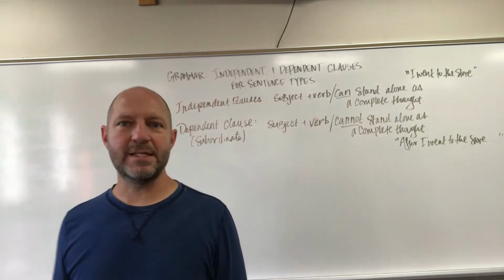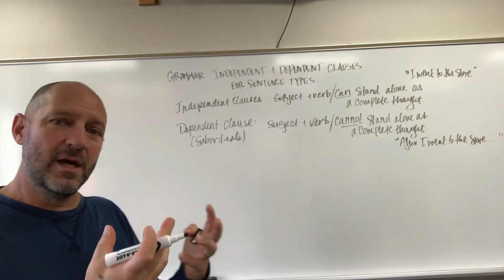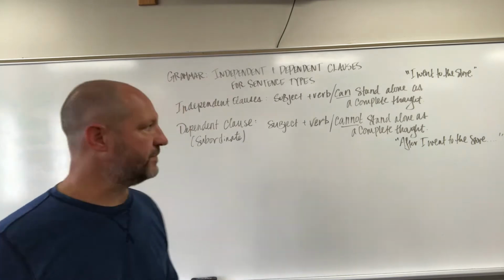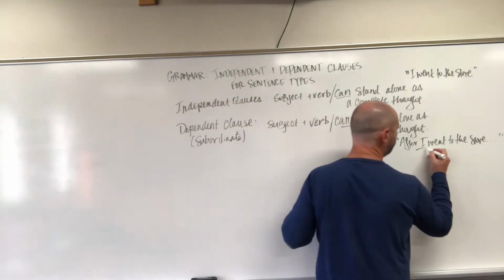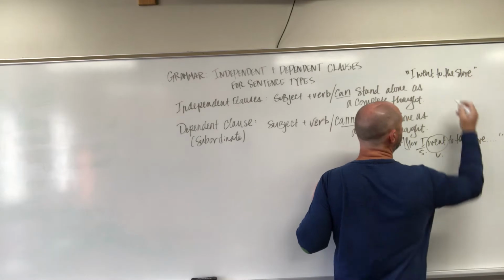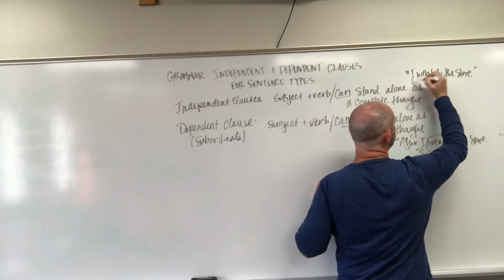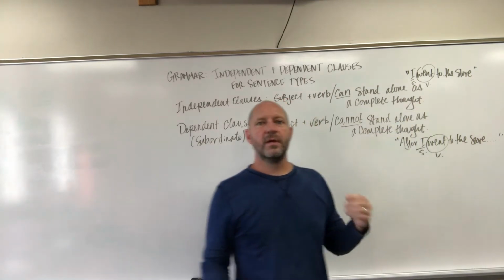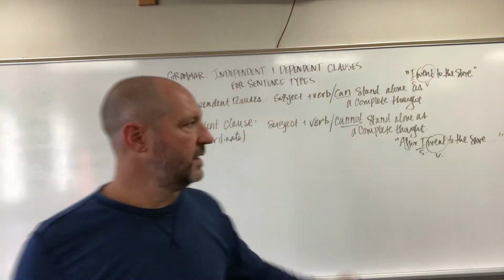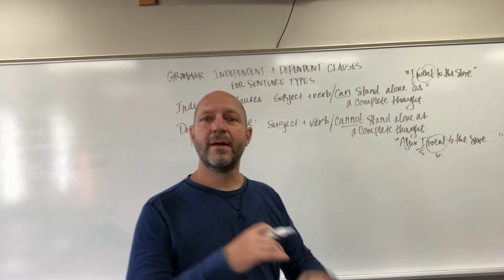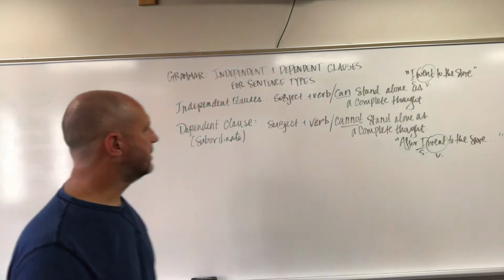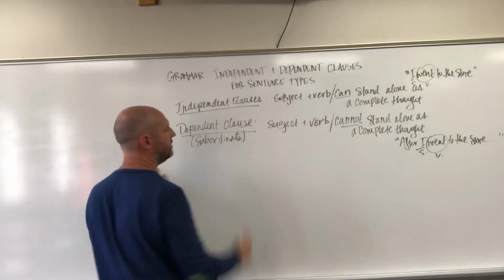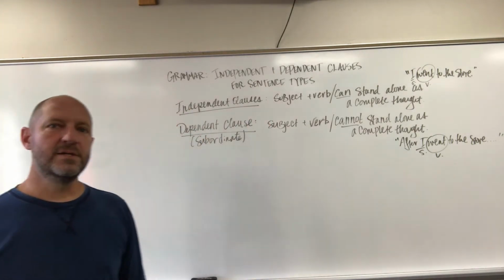That thought needs something else. It needs something substantial, a complete thought, to finish it out. We have the subject and verb in both places. But this one on its own can make sense. That one on its own cannot. So that is an independent clause and a dependent clause, aka subordinate clause.